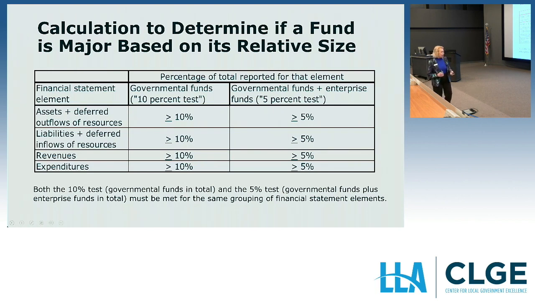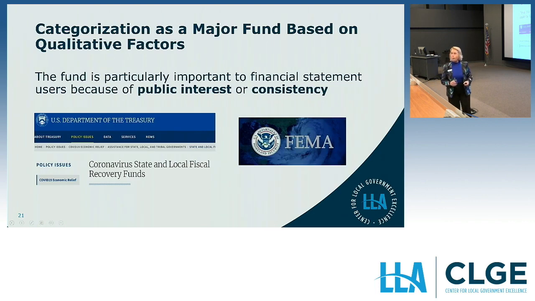Let's say you have a fund with a no that doesn't meet that. However, the second caveat that GAAP allows us is that if the fund is particularly important to users because of public interest or consistency, either way. Think of the American Rescue Plan Act fund. This has been very visible.